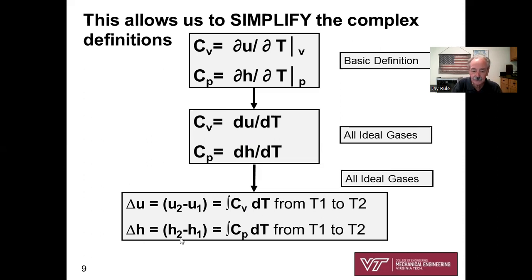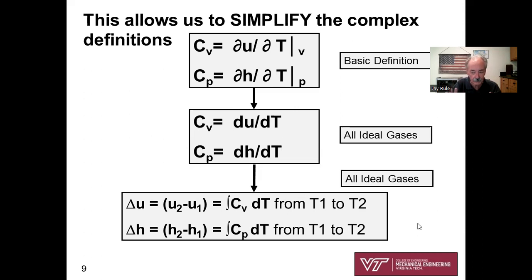And delta H, H2 minus H1, is the integral of CP dT from T1 to T2. This is something to commit to memory. Delta U for an ideal gas is the integral of CV dT, and delta H is the integral of CP dT. That is worth memorizing. That's true for all ideal gases.